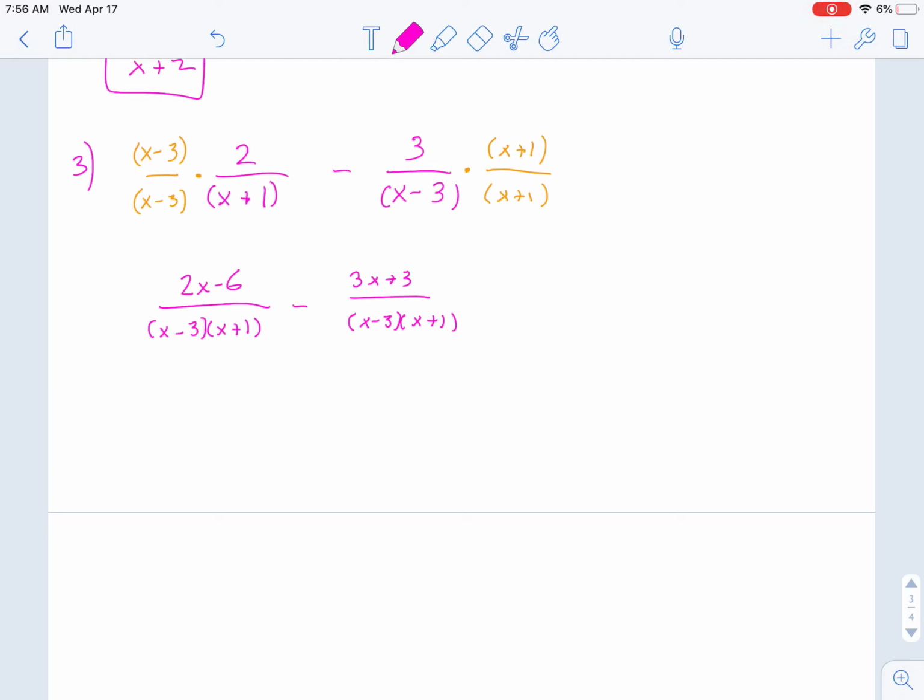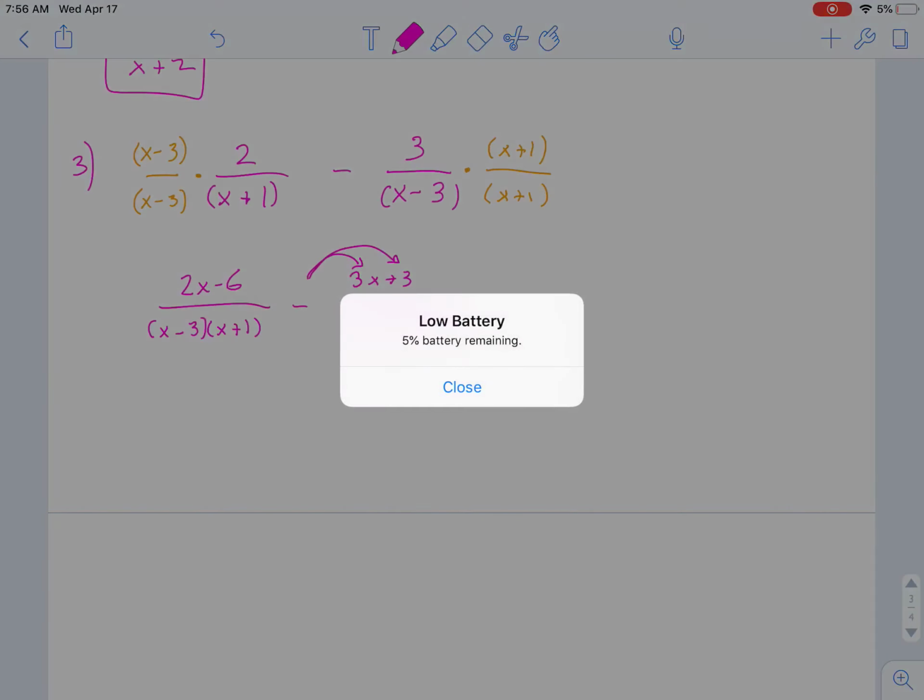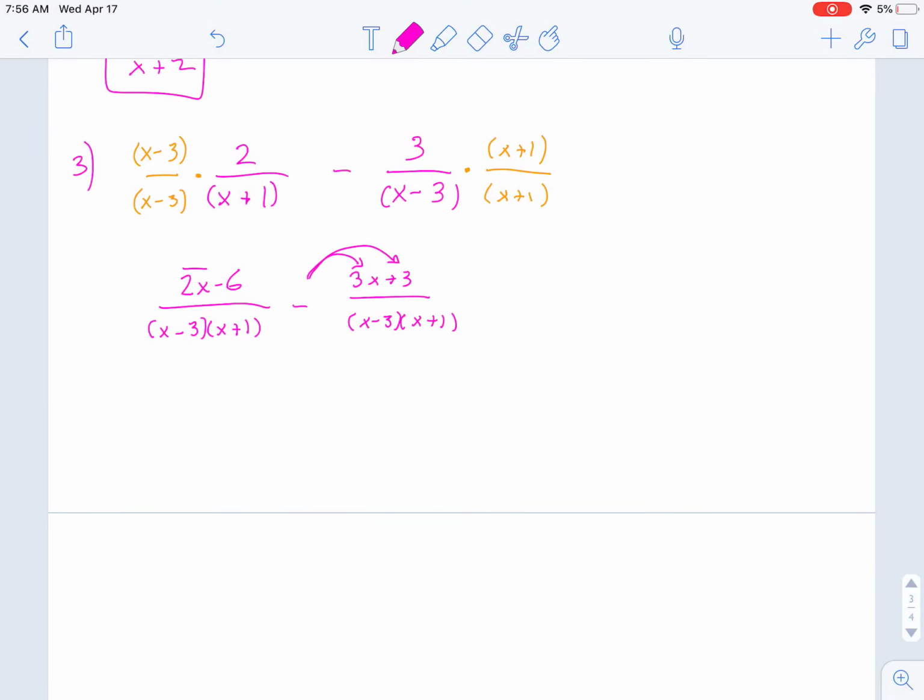Now we're ready to combine. Now remember, this minus needs to go to both 3x and the 3. So 2x minus 3x is -x. -6 minus 3 is -9. So we get -x minus 9 over x minus 3 times x plus 1.